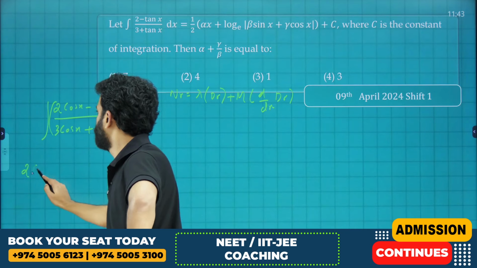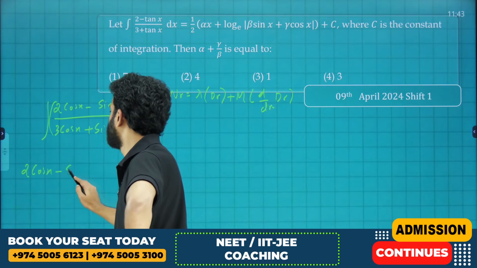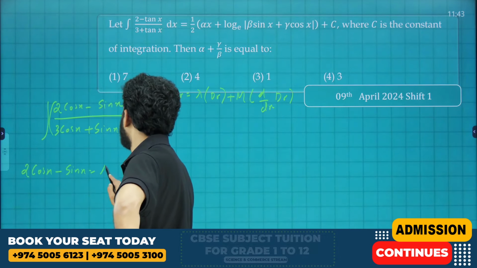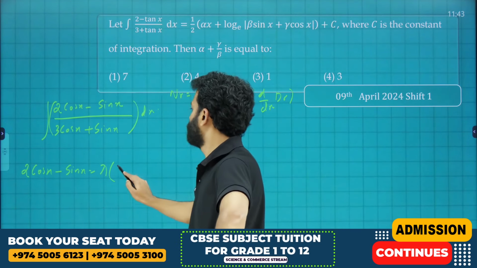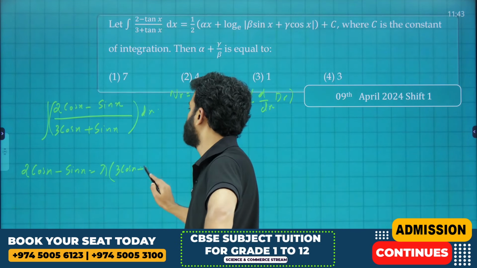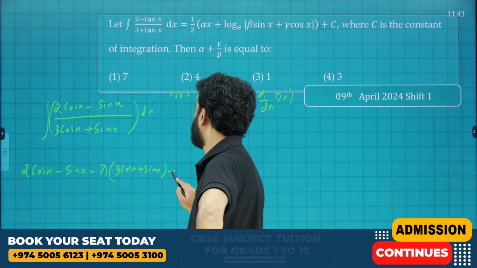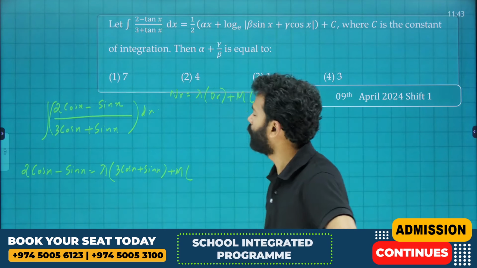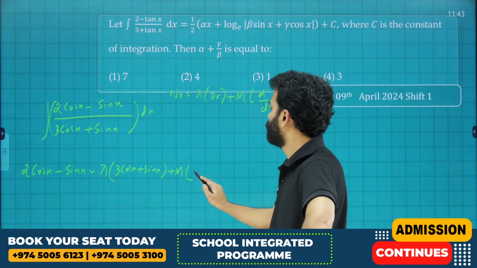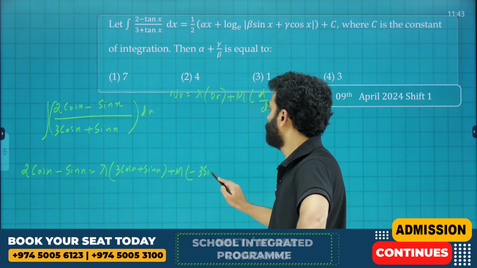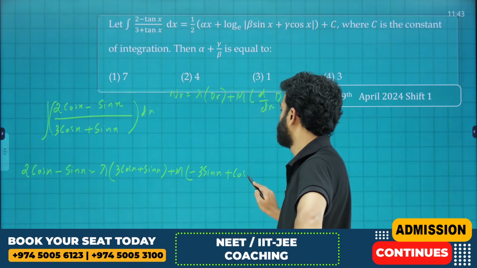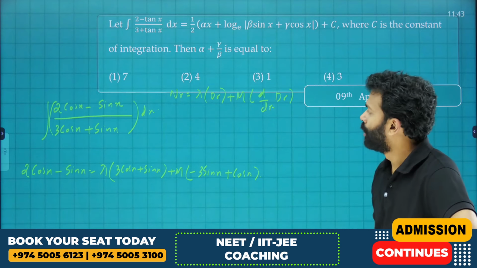Numerator is 2 cos x minus sin x, which is equal to lambda into, what is the denominator here? 3 cos x plus sin x. Okay, plus mu into, what is the corresponding derivative of the denominator? That is mu into (minus 3 sin x plus cos x). Okay, it will be like this.